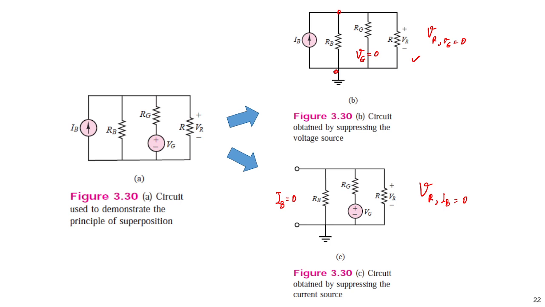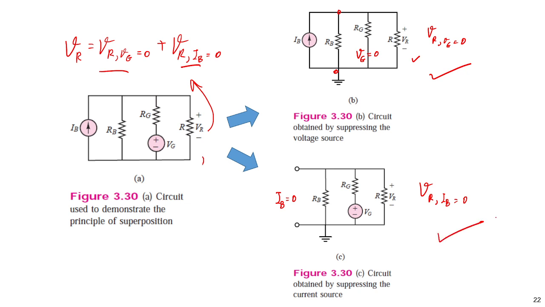So that is VR of this circuit. After that, VR will be equal to these two values together: VR when VG is 0 plus VR when IB is 0. You need to solve these two circuits instead of one single but complex circuit.